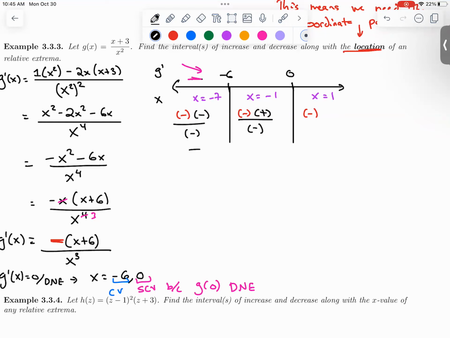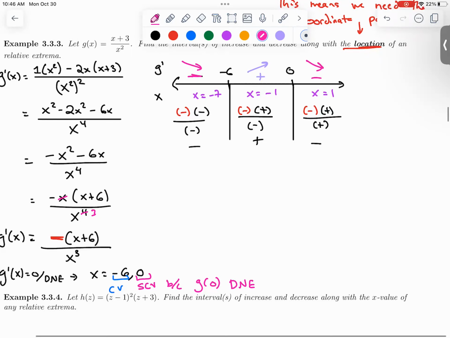So we get a positive here, which means that it's positive and increasing. And then plugging in 1, you get positive over a positive, and so the result is negative, meaning it's going to go down. We'll stop with this one and we'll pick up next time with 3.3.4.